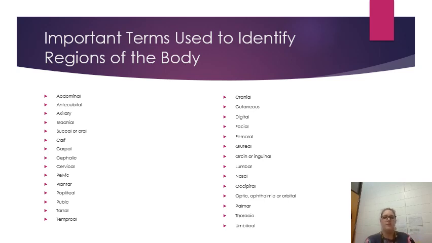Now, there are a ton of terms on this page right now. Part of your assignment this week is to go through and become familiar with all of this terminology. You're going to know what the term abdominal means: antecubital, axillary, brachial, buccal or oral, calf, carpal, cephalic.